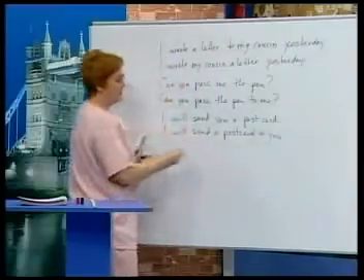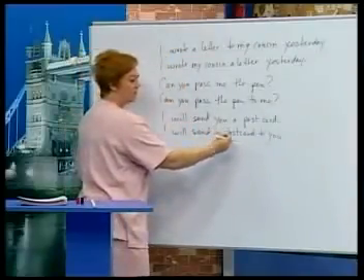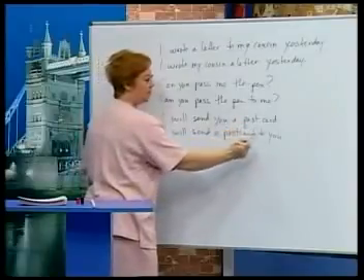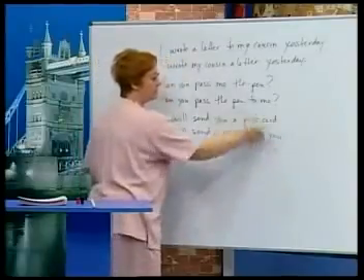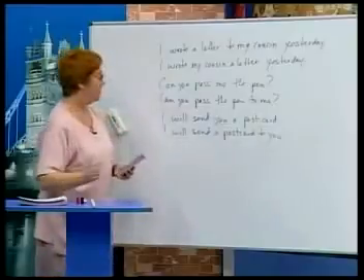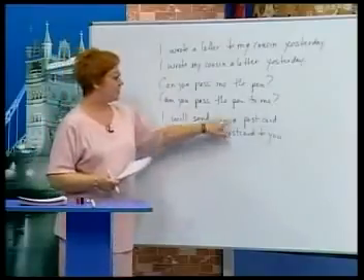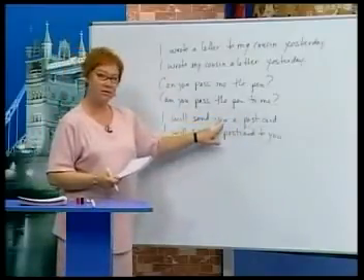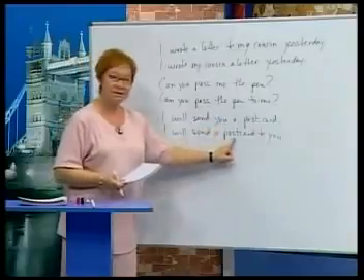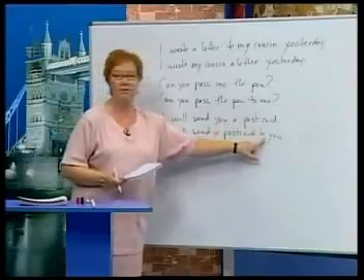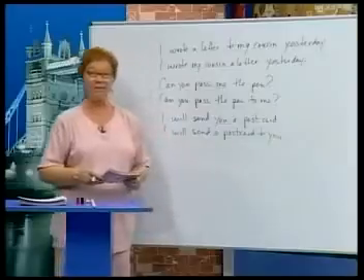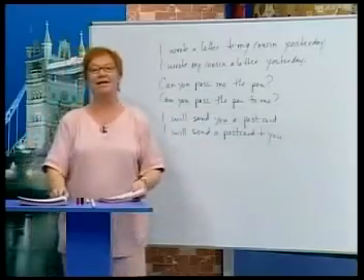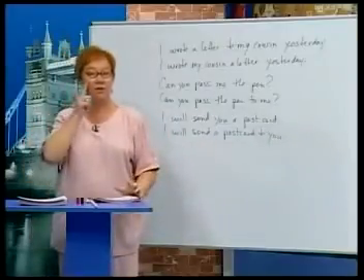Again, we took "you," because this is the direct object. "You" becomes "to you." So when it comes before the object, no "to," no "for." When it comes after the direct object, we have "to" or "for."